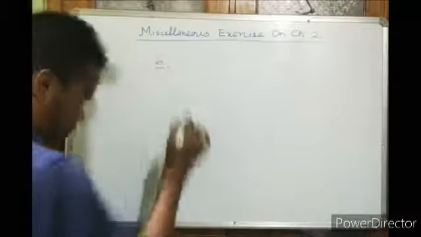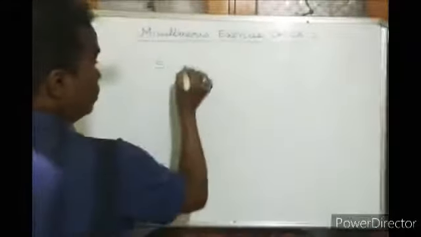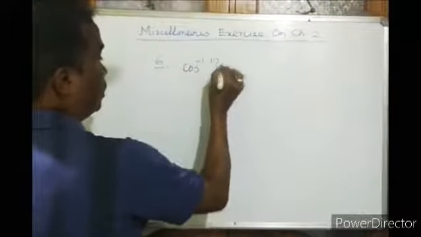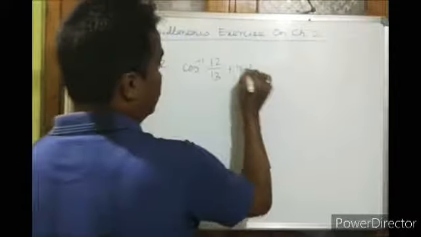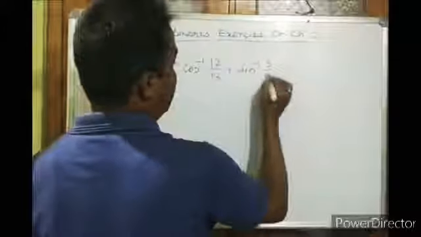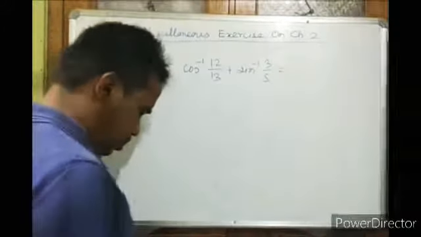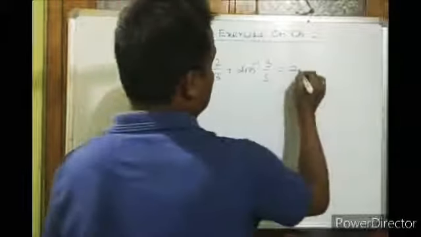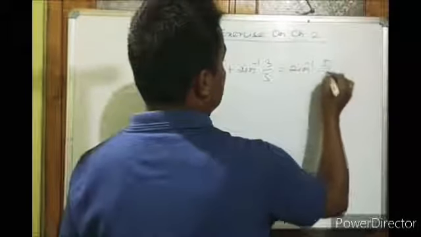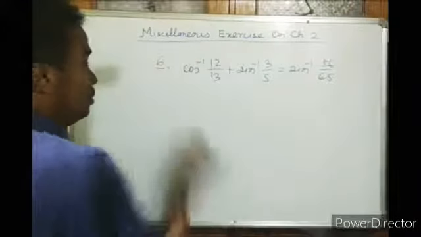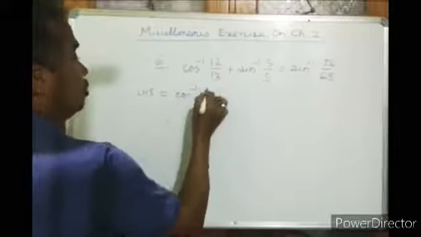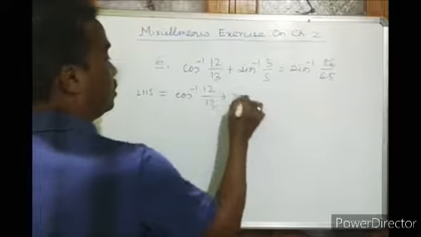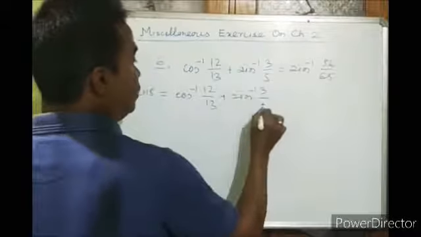Question number 6: cos inverse 12 by 13 plus sin inverse 3 by 5 is equal to sin inverse 56 by 65. So LHS is equal to cos inverse 12 by 13 plus sin inverse 3 by 5.